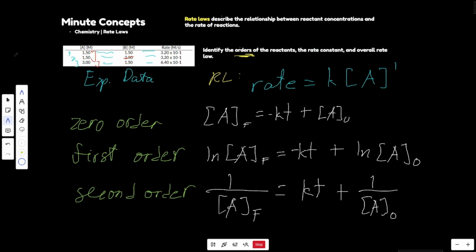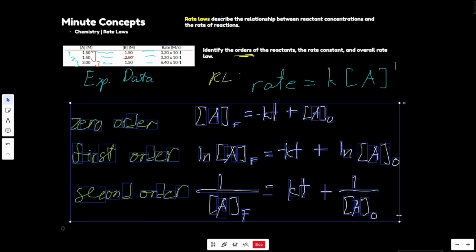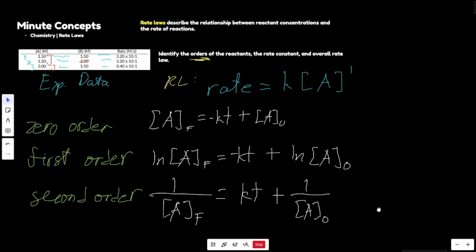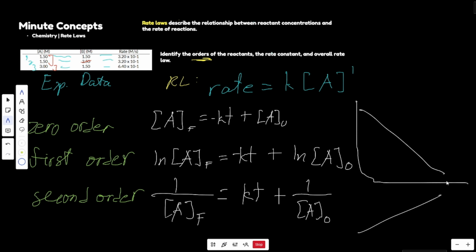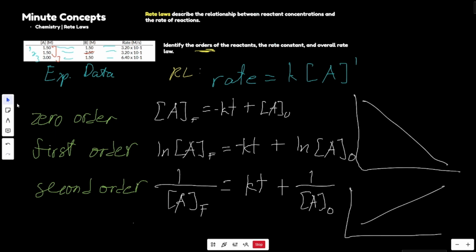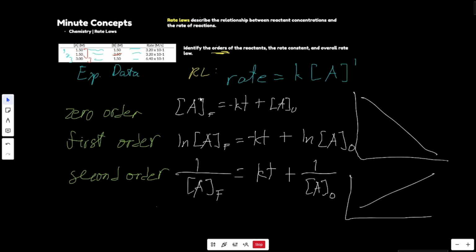Now what do the graphs of these look like? Well, these would generally give downward graphs, while this would give an upward graph. Now it's important to note that this is when we plot our y values versus time.